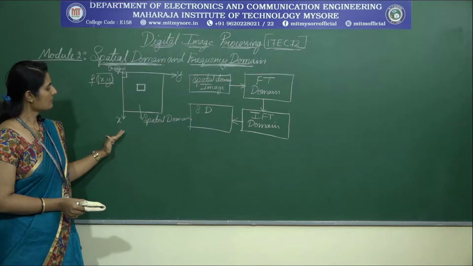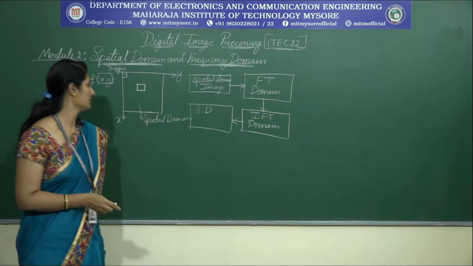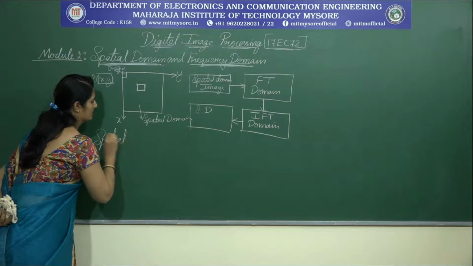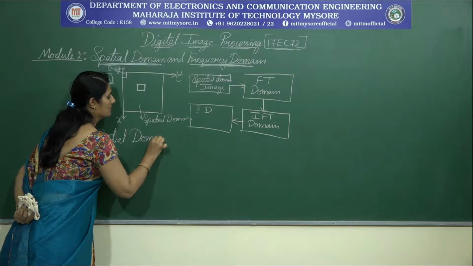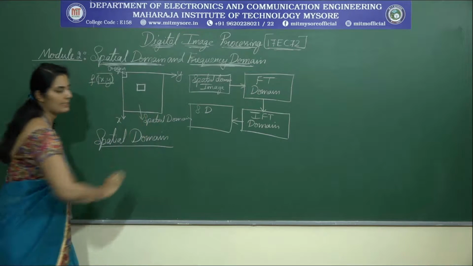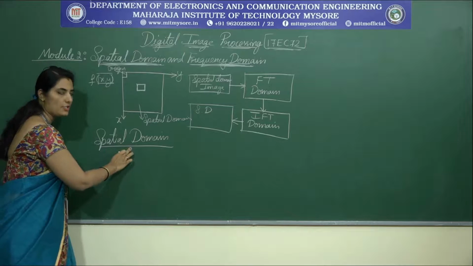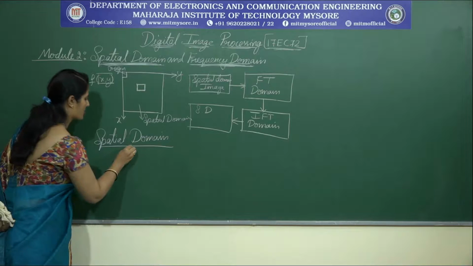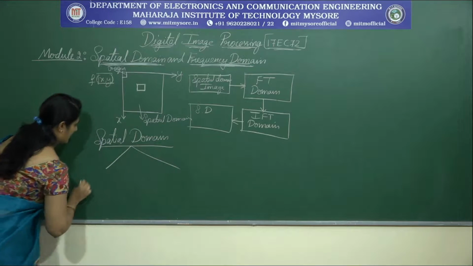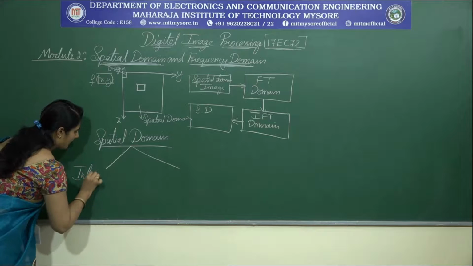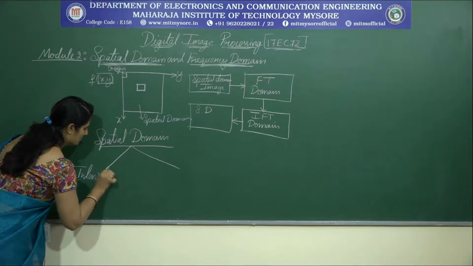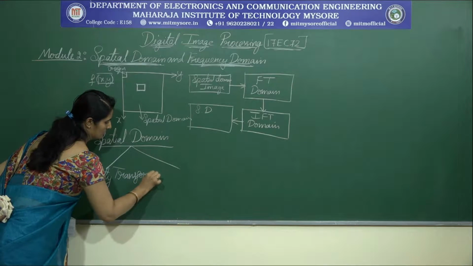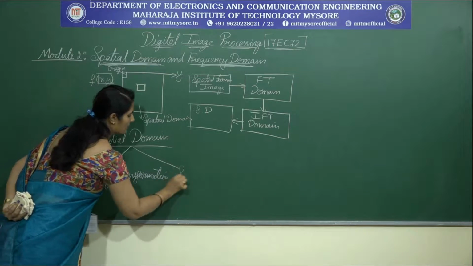Now again in spatial domain, let me consider the spatial domain. In spatial domain, further there are two types of transformations. They are intensity transformation and spatial filtering.